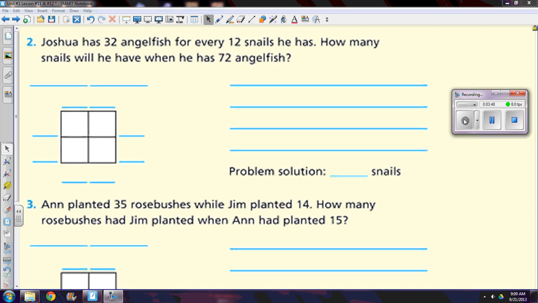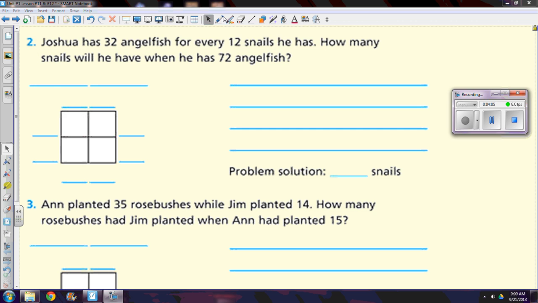Let's try one more. Problem number 3 says Joshua has 32 angelfish for every 12 snails he has. How many snails will he have when he has 72 angelfish? So let's start with the factor puzzle. 32 angelfish for every 12 snails.